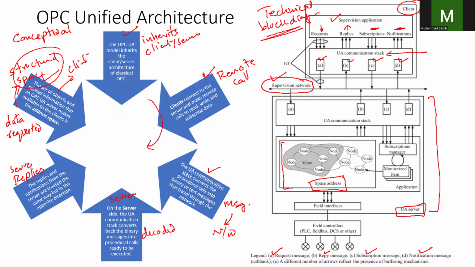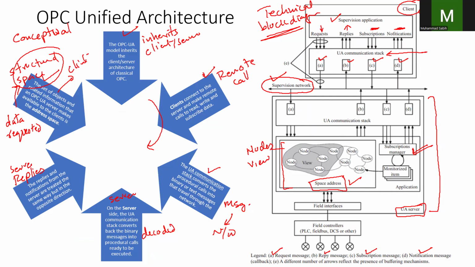So what we see here is we have nodes and we have a view. The nodes and views, representing each variable or object, are managed here in the address space. We have a subscription manager here. This subscription manager monitors the specific items and generates the notification as values change.